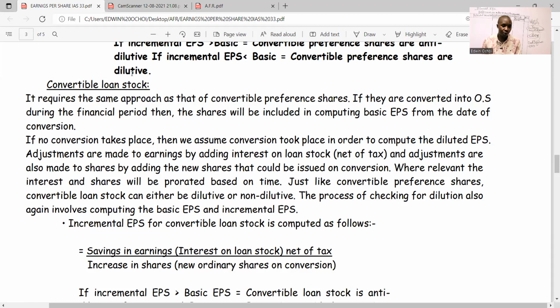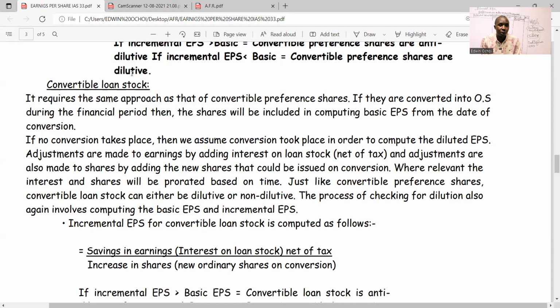Out of the 25 million, they converted 10. We checked how they converted based on the proportion given, and that was included in basic earnings per share.